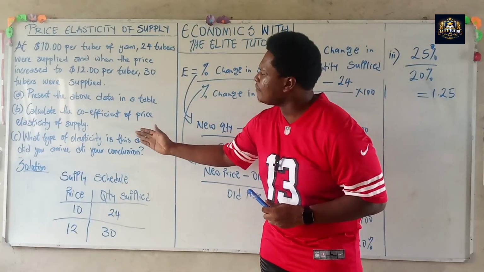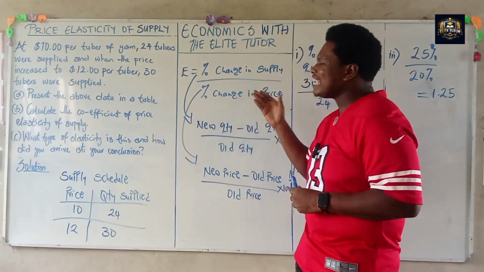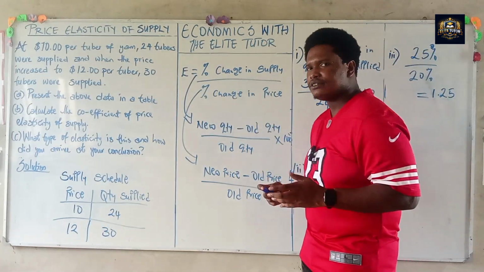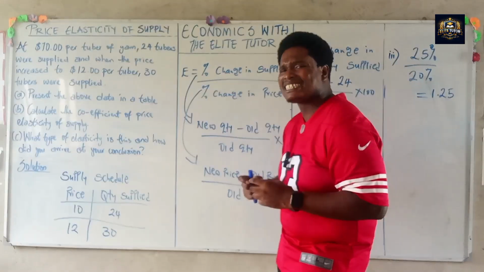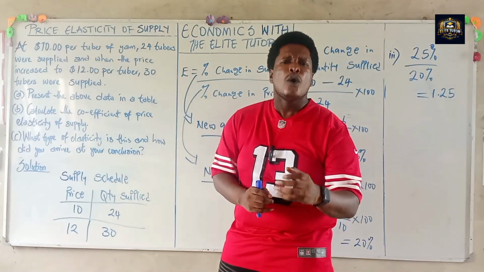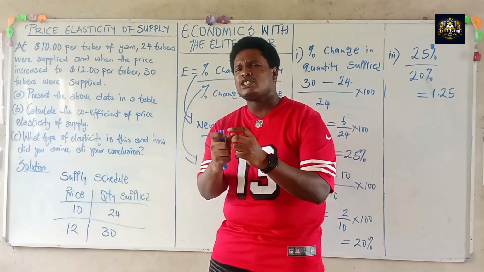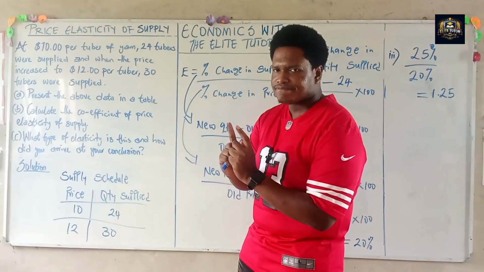And then finally we have that C is asking us, what type of elasticity is this and how did you arrive at your conclusion? Now, first I would like to say this, that supply is said to be elastic when it is greater than 1. It's said to be inelastic when it is less than 1, and said to be unitary when it is equal to 1.